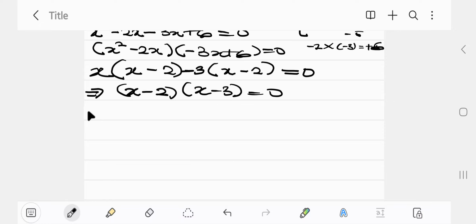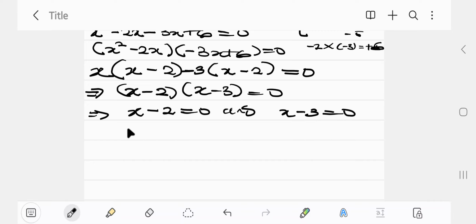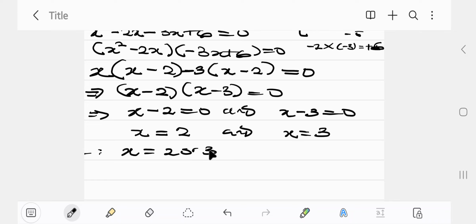From here we can say that x minus 2 is equal to 0, and x minus 3 is equal to 0. So x is equal to 2, and x is also equal to 3. These are the two possible values. Therefore x is equal to 2 or 3, and they are both positive numbers.